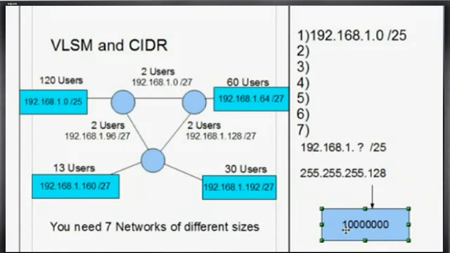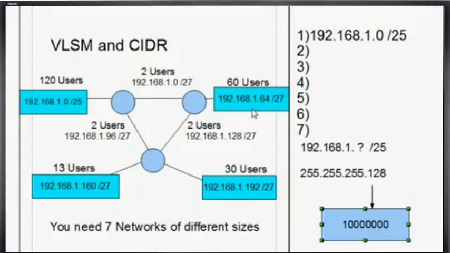So that'll make 128 users. Out of those 128 users, 126 are usable because we need the first address for the network number, and the last address is the broadcast address. So this will be the 0 network /25.